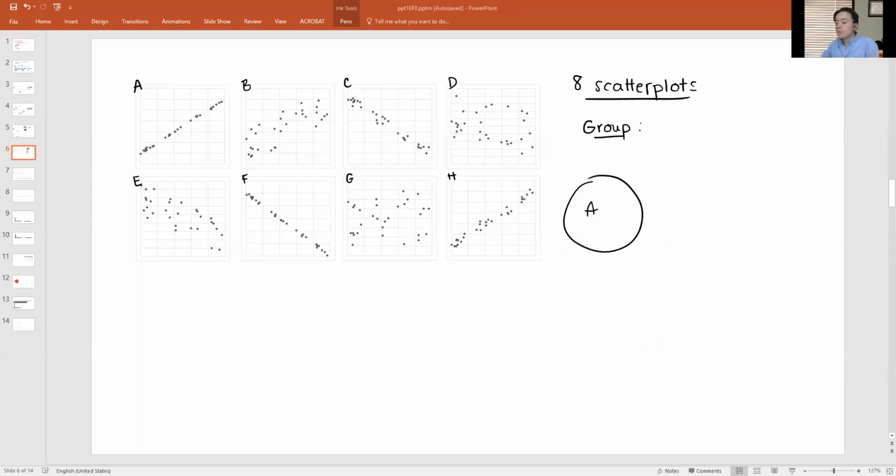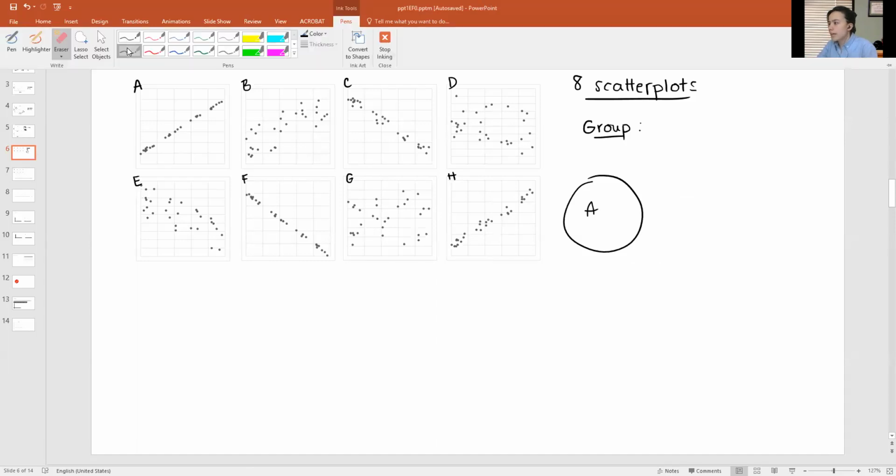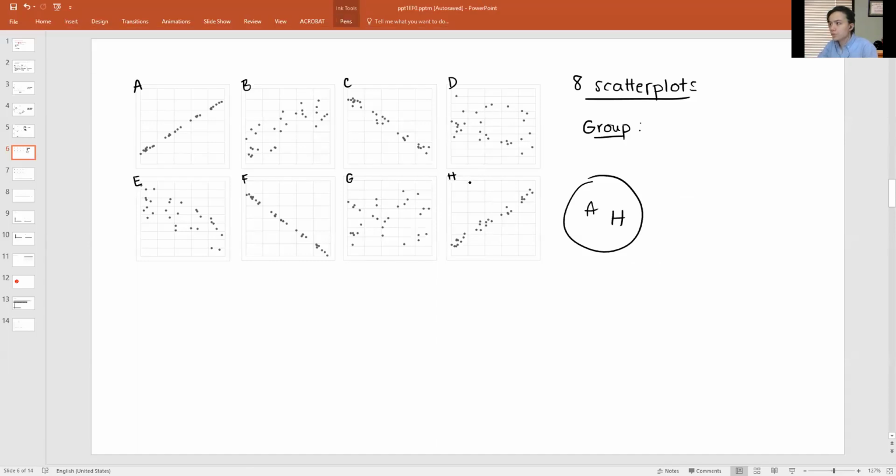Okay, so Erin proposes A and H. Here, okay. A and H, so this one and this one, have a strong positive association. Then you have F and C, which have a strong negative association.